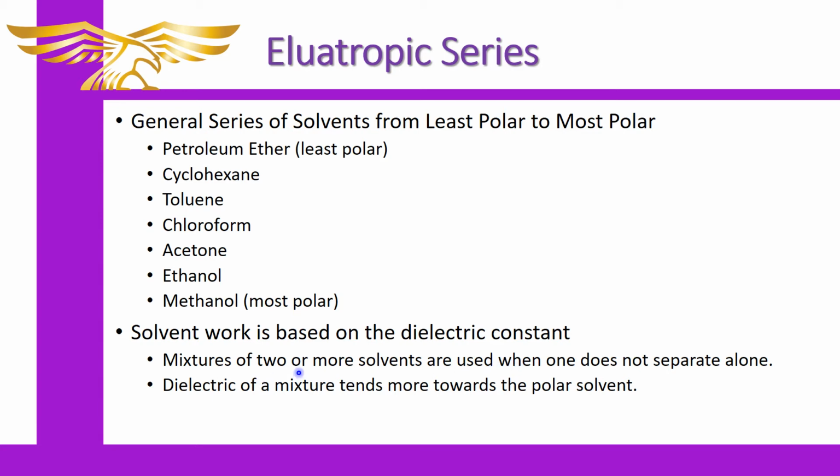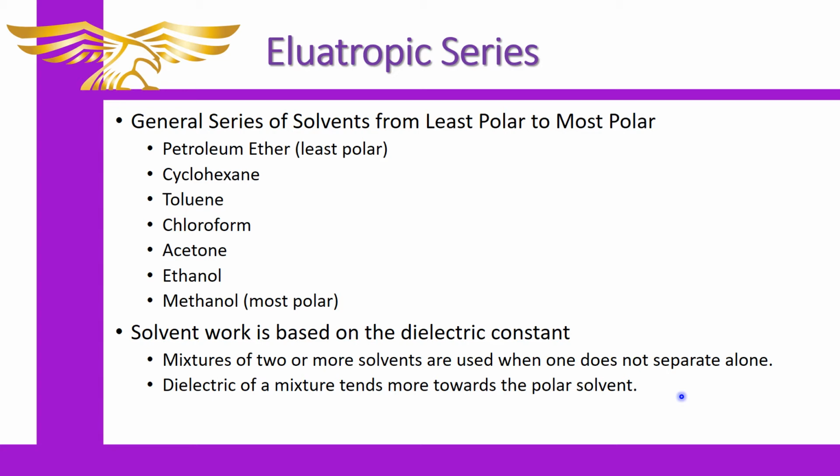And a lot of people might think, well, if I didn't want my methanol to be as polar, I could just mix some petroleum ether with my methanol and it won't be as polar anymore. But that tends to not always be true. It's not as negating as you might think it is.